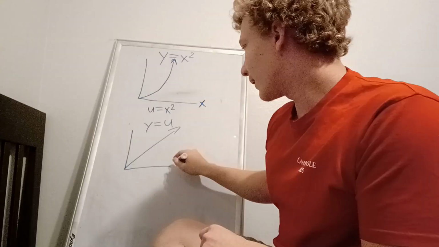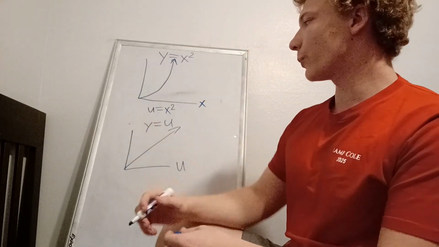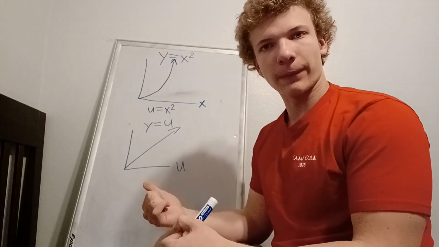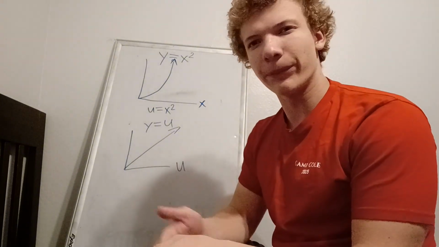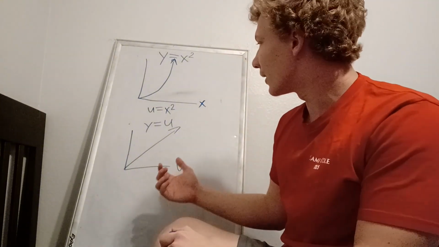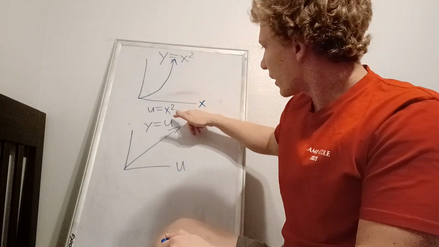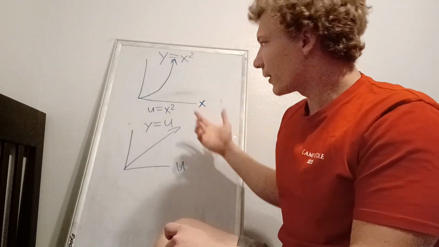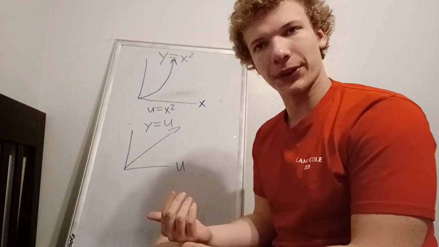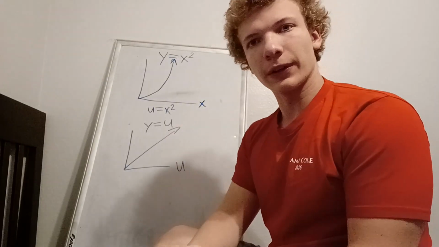But if this is the u-axis and this is y, then we get a straight line. So how come that works out like that? I mean, if y equals x squared and y equals u and u equals x squared, then these two should be the same thing. So why do they look so different?